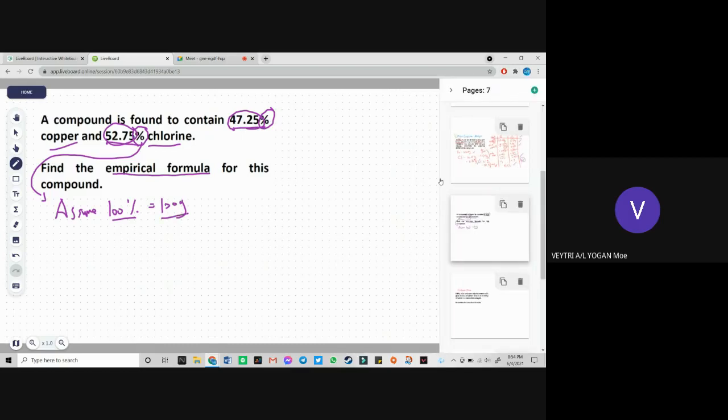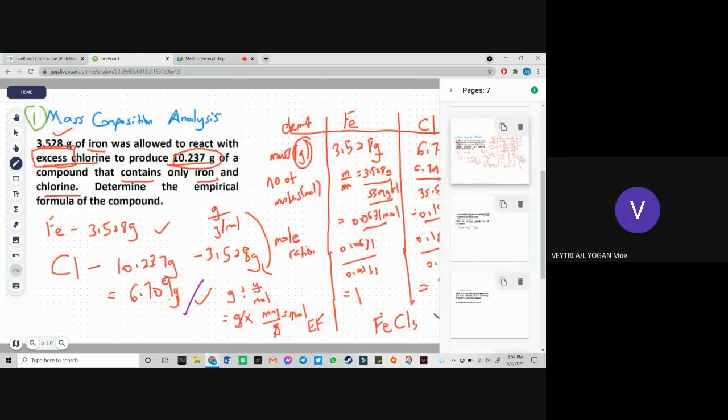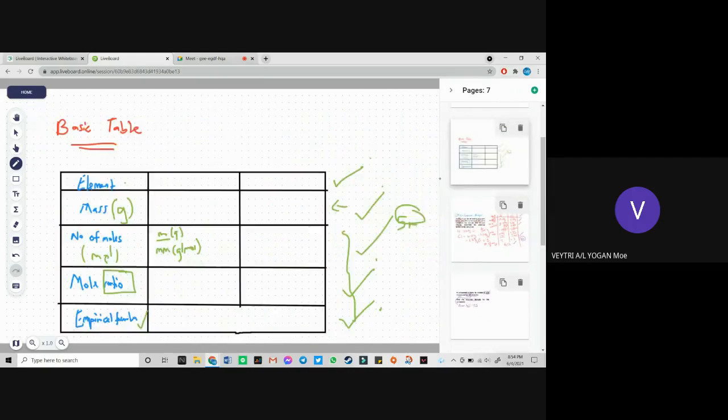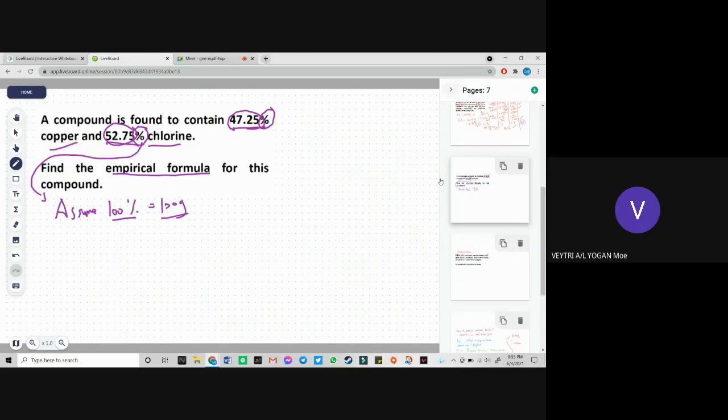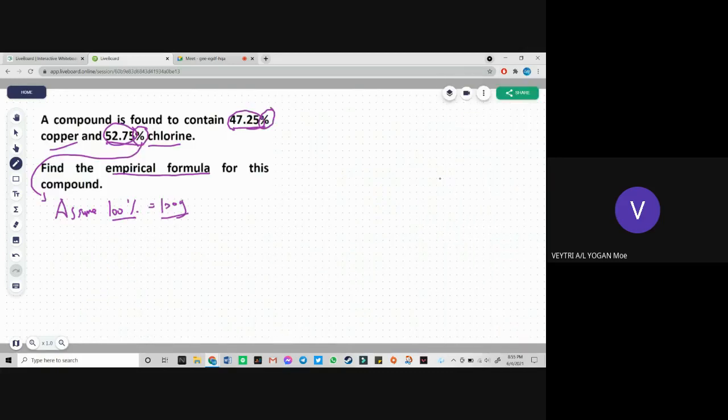Why? In this table that we have learned, we are talking about mass in grams. That's why we have to write assume 100% equals to 100 gram. You can't be writing over here percentage, okay? Even though the question is percent, don't write percentage. Grams are grams. Therefore, as usual, assume 100% equals to 100 gram.